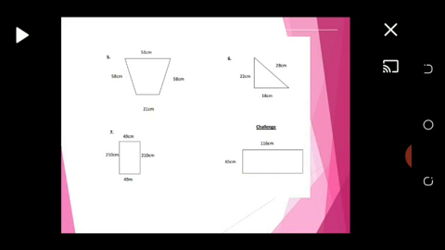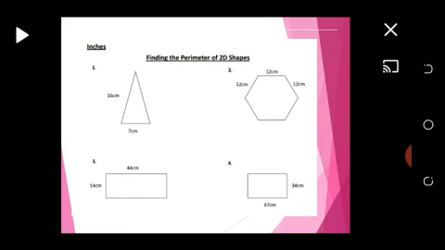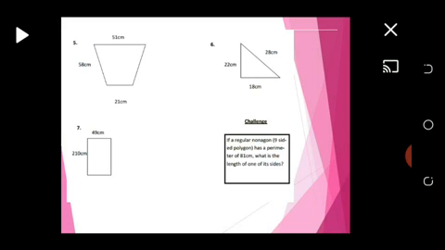Up to number 7, your answer will be in centimeter. Then the next one, I want your answer to be in inches. Find the parameter of 2D shapes. Your answer will be in inches.